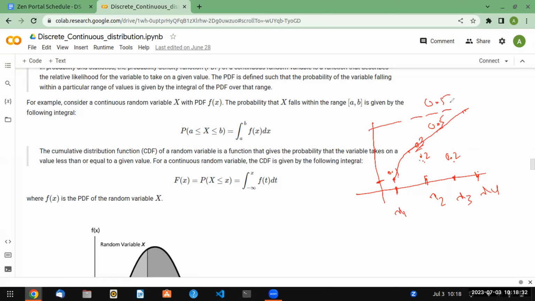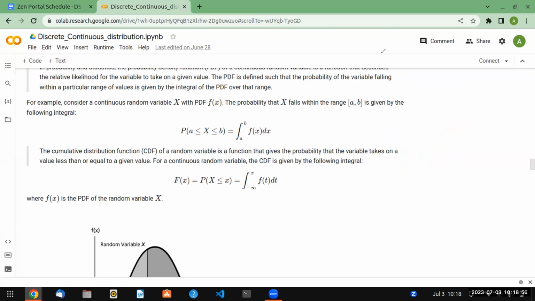That means at the end, this curve will look like this. Because cumulatively, if you keep adding all the probabilities, eventually it will end up at 1 only. It may differ at different points, but CDF means we cumulatively keep adding the probabilities. This is what CDF is.